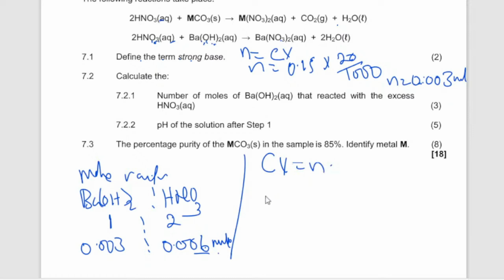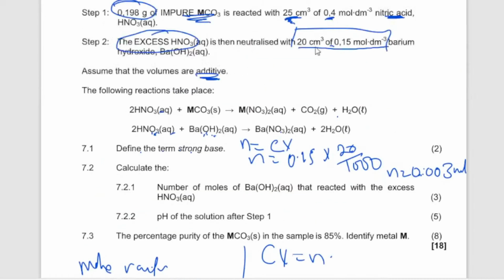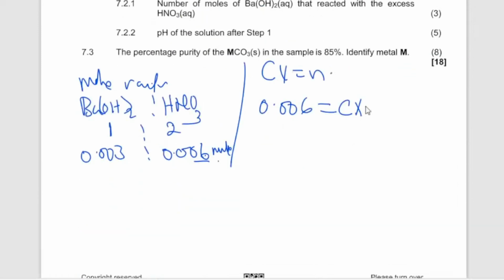So we have the number of moles, we have 0.006, is equal to concentration, which is what I don't know, times volume, which is 25. Yes, because we want to know how much is in the 25, but this is not decimeter cubed, so divided by 1,000. So now concentration is going to be equal to this divided by that.